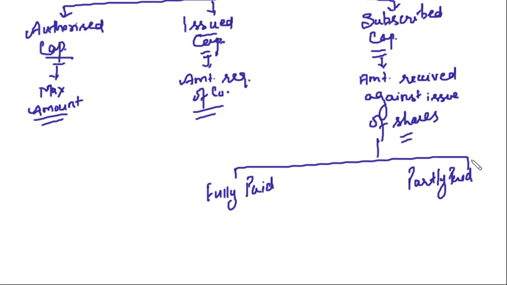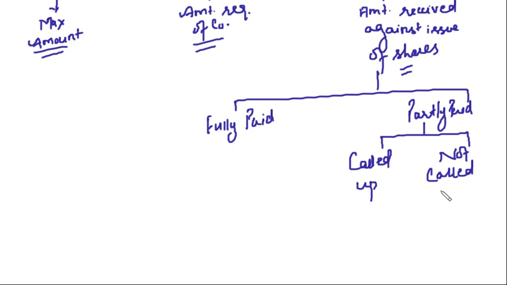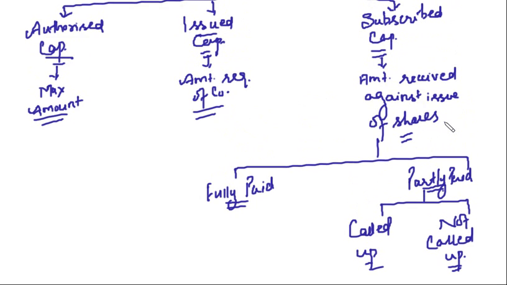Then this partially paid is further divided into two parts: called up and not called up. So our subscribed capital is divided into subscribed capital fully paid up and subscribed capital partially paid up, which is further divided into called up and non-called up.